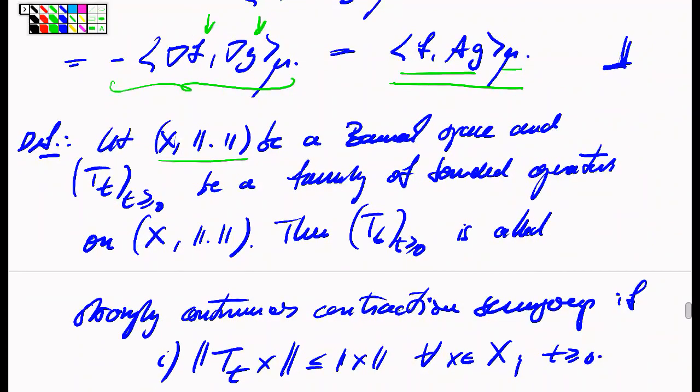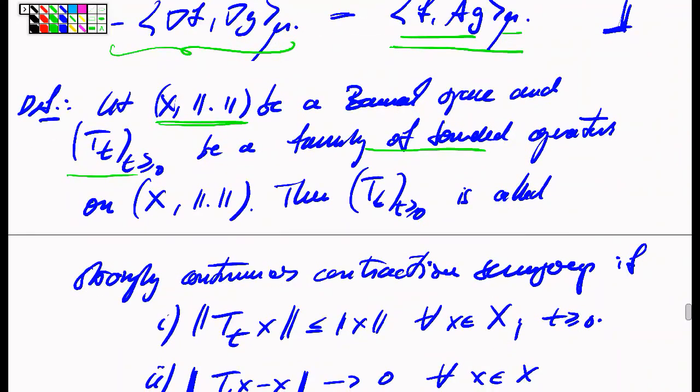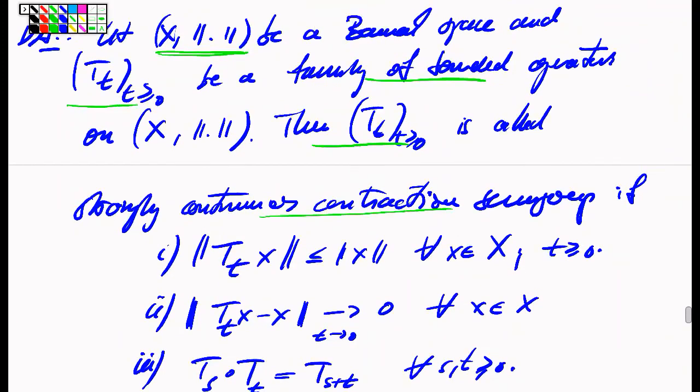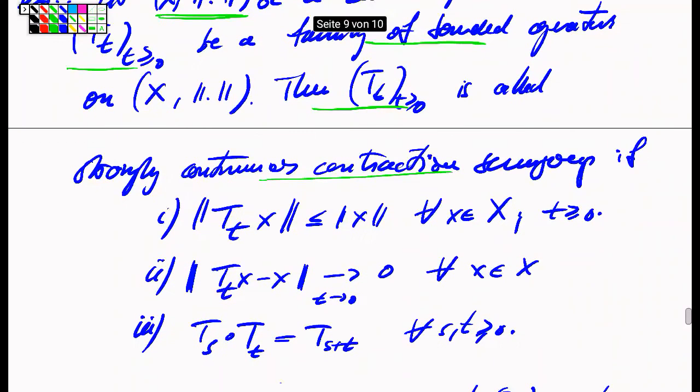For that purpose, we want to use the following general notation. So if we have some Banach space X with a Banach norm on it, and if we have a family of bounded operators on this Banach space, then we call this family of bounded operators a strongly continuous contraction semigroup if the analog of our Feller semigroup properties hold true, but now in this abstract formulation of operators acting on a Banach space, except for a priori the maximum principle.